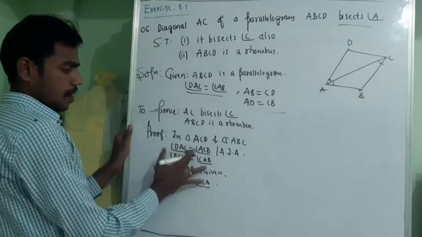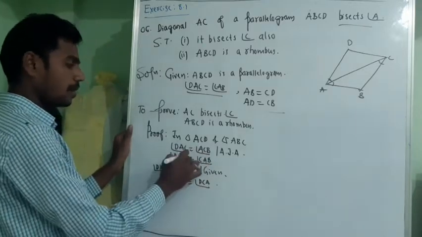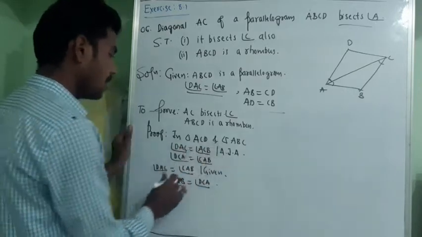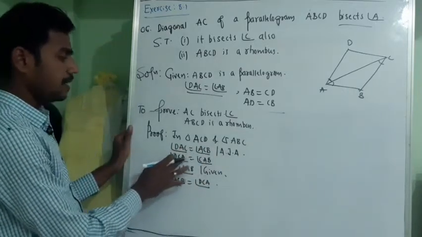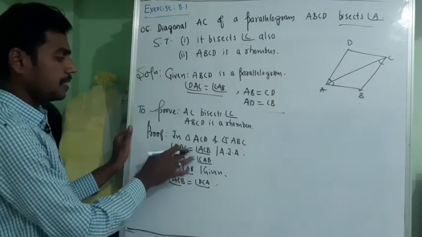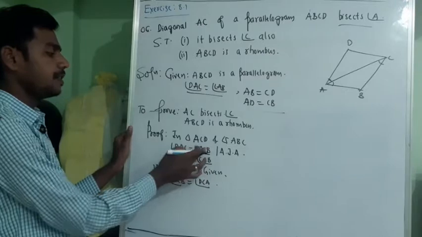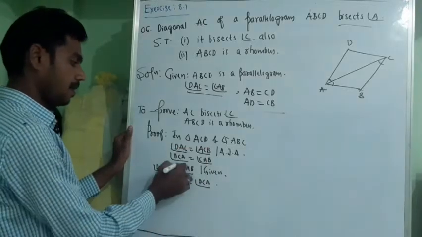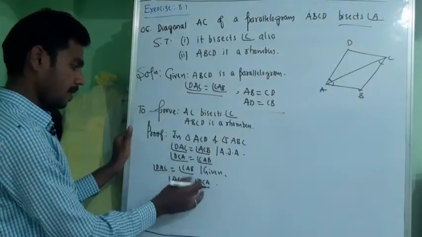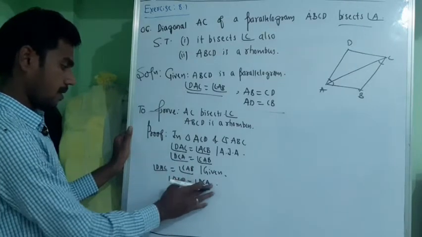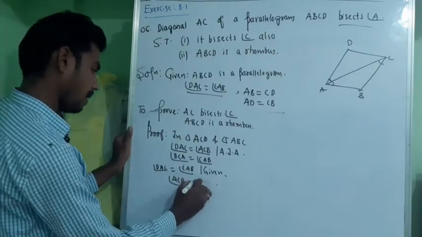If two sides are equal, then the other two angles will also be equal. So that is the reason: since DAC is equal to ACB and DCA is equal to CAB, and DAC is equal to CAB, then DCA is equal to ACB.